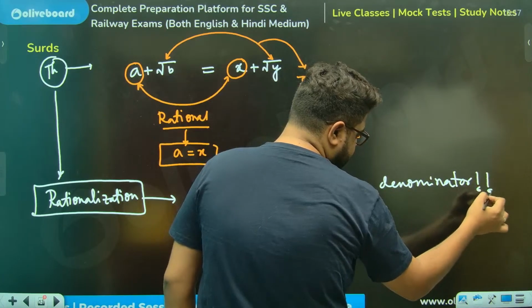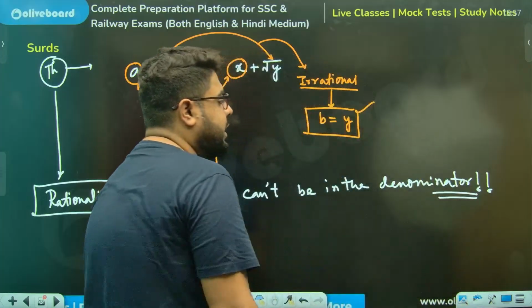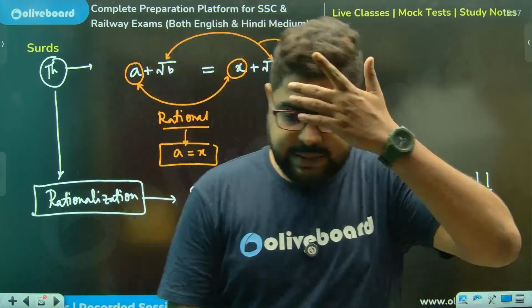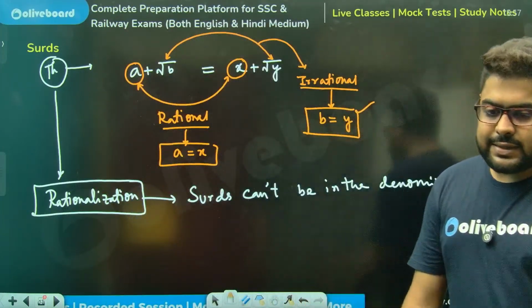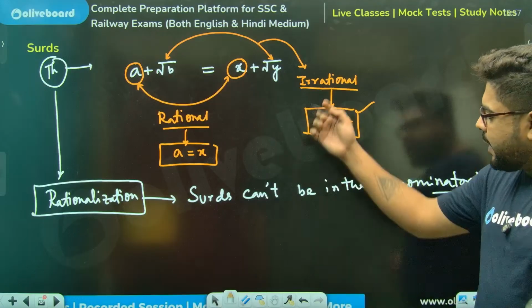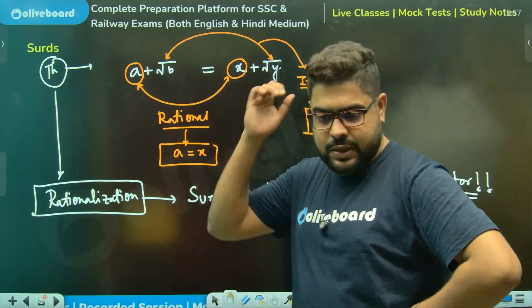So whenever you see surds in the denominator, you need to rationalize. You need to rationalize, sir. Okay? You will have to rationalize this.